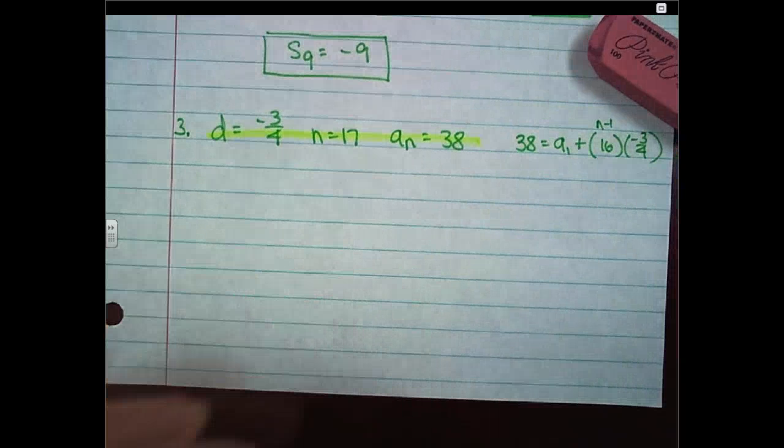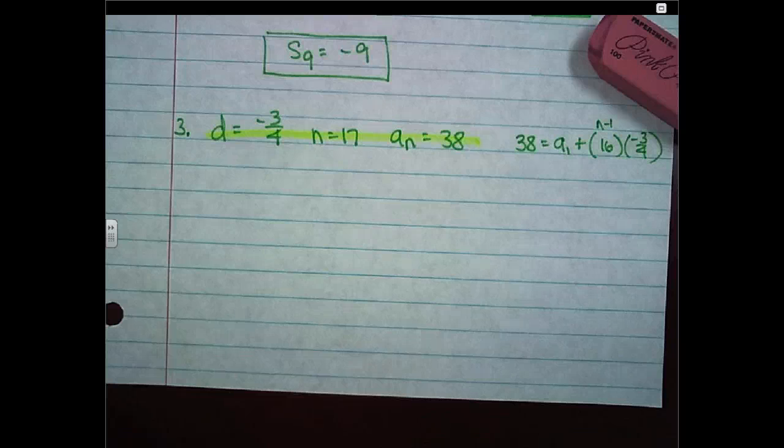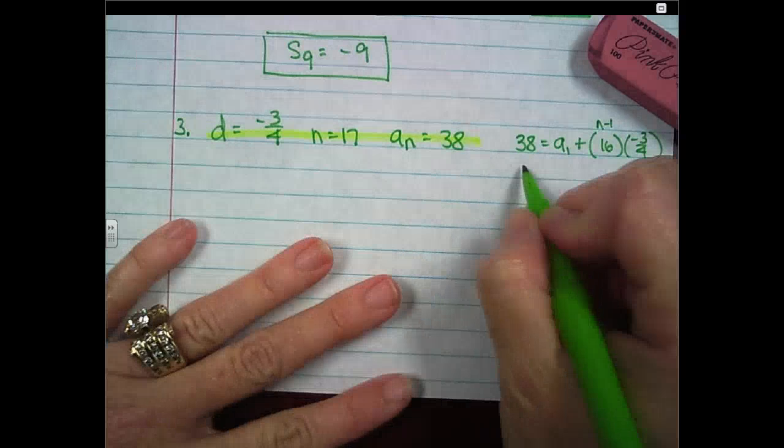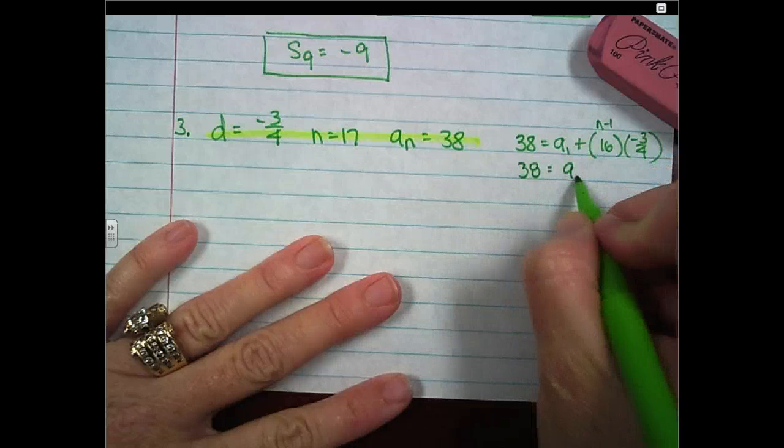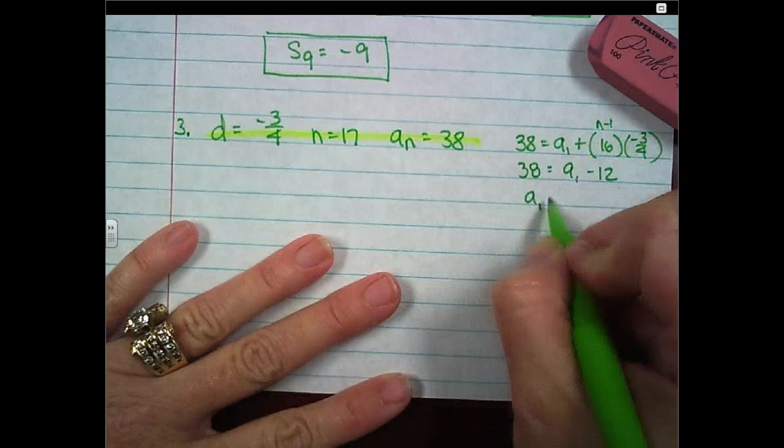We haven't really been asked to find A sub 1 too often, but there it is. So you should do 16 times -3/4. You get -12, right? So A sub 1 is 50.